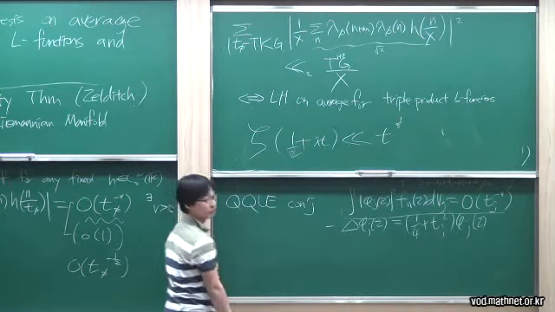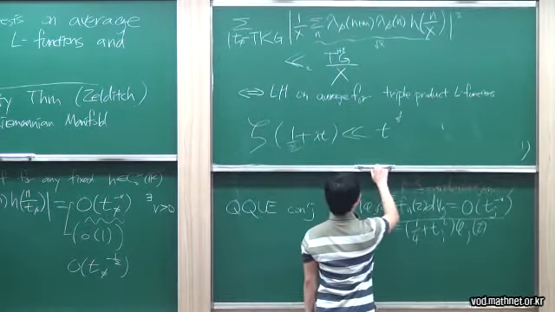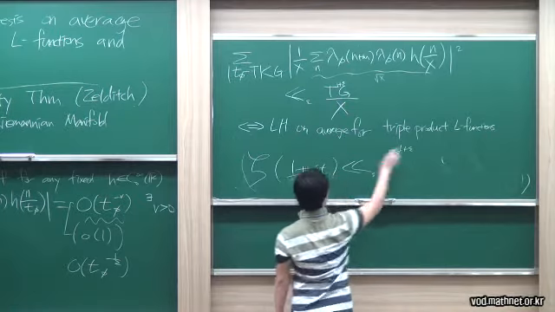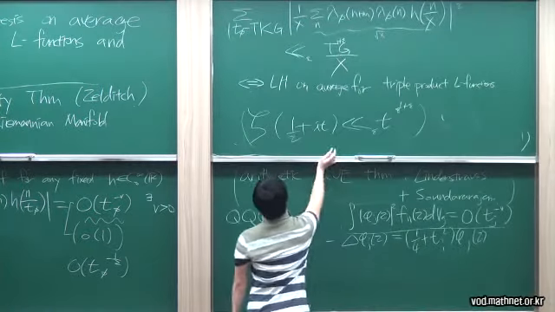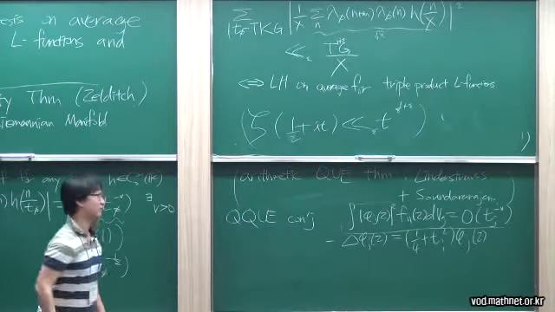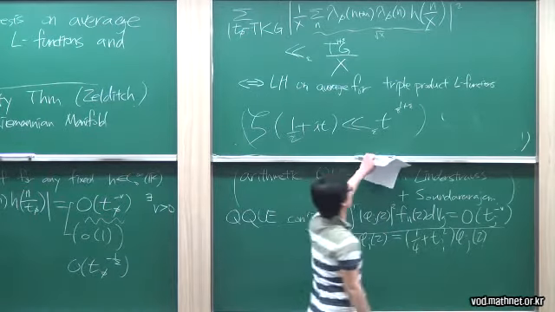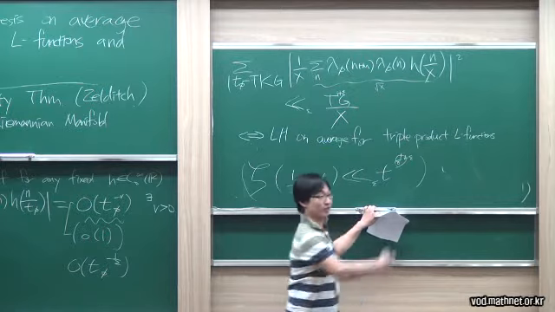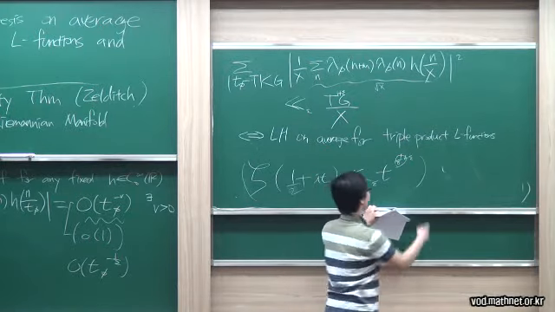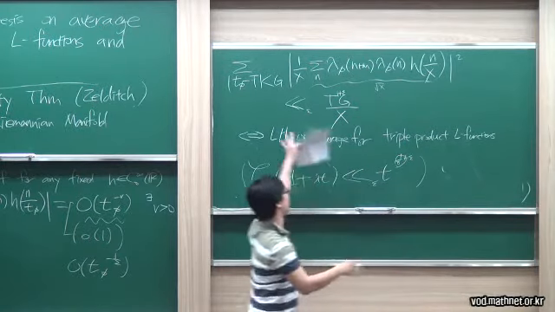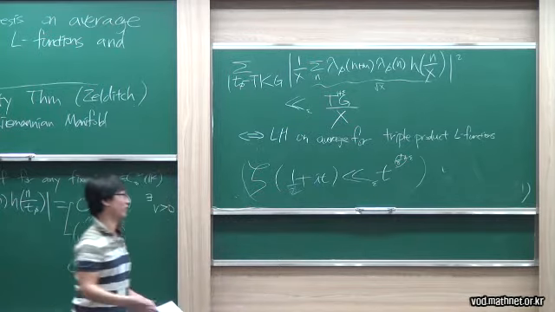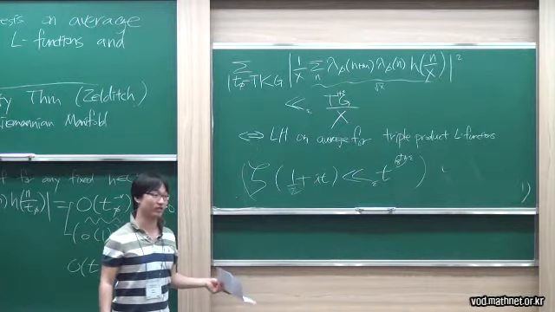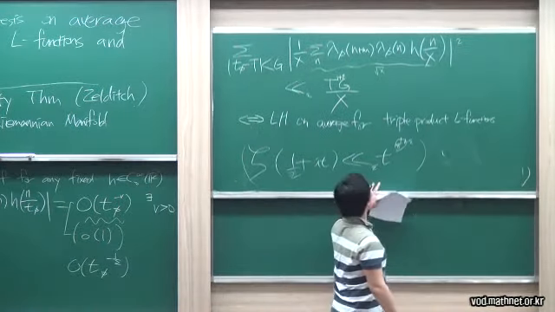So this is also connected to the Lindelof hypothesis for the Riemann zeta function, and this bound is better than any world record about this function itself. So this method will give you some strong understanding of the growth of the Riemann zeta function on the critical line.